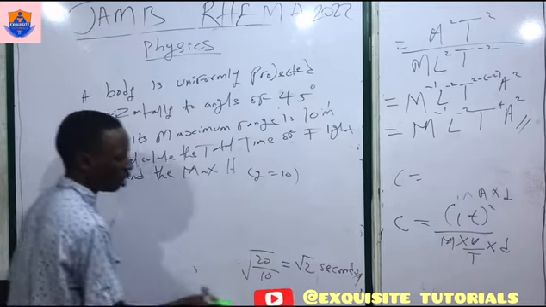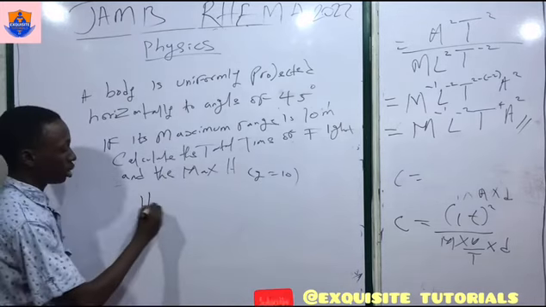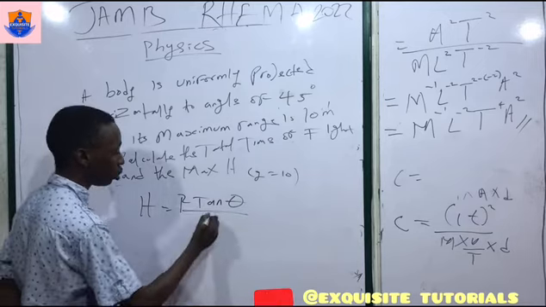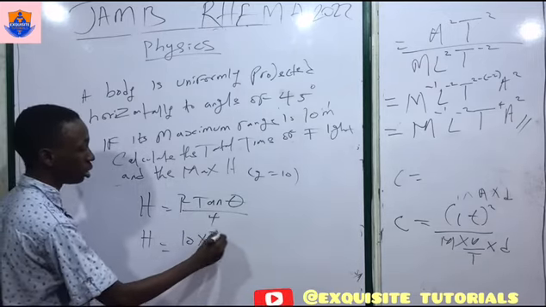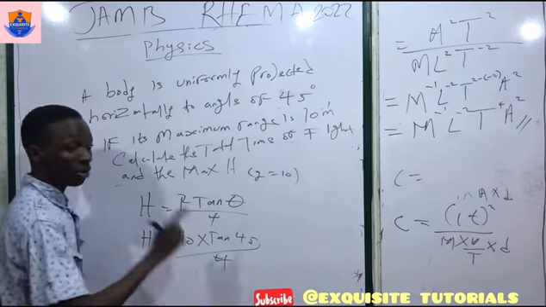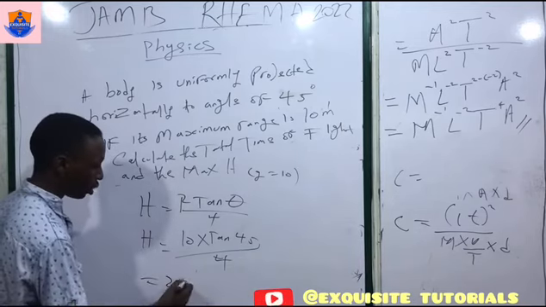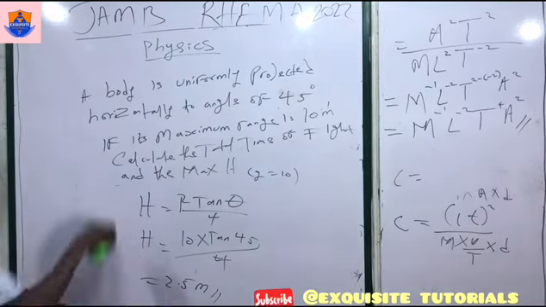Now let's say we have to calculate the maximum height. The maximum height is equal to R tan theta over 4. Maximum height will be equal to 10 times tan 45 over 4. Tan 45 is 1, so that will be 10 divided by 4, which is 2.5 meters. Clean and clear.